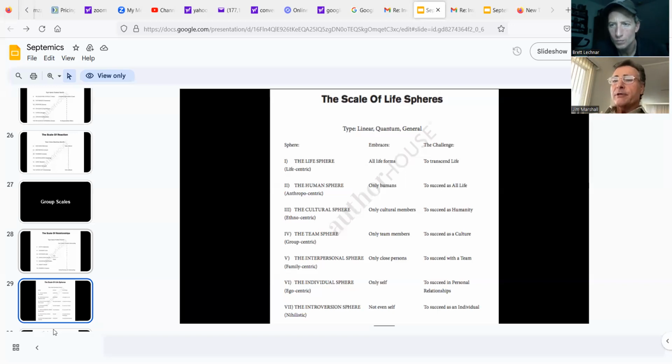Like a person who is at level 6, he needs to work on developing his interpersonal relationships. It's the next level up. He needs to get a girlfriend or a wife or a husband or whatever. But that's what he should focus on. Gotcha.